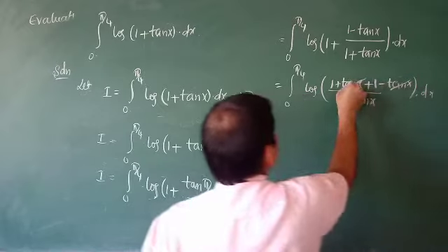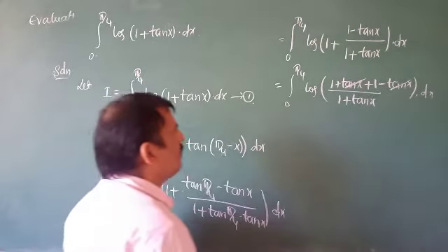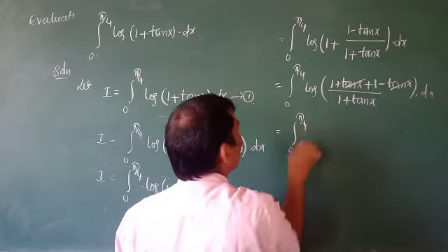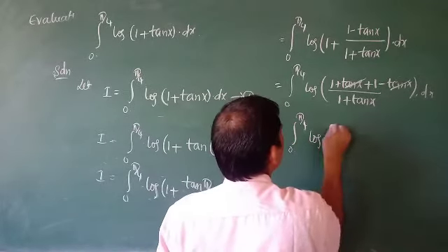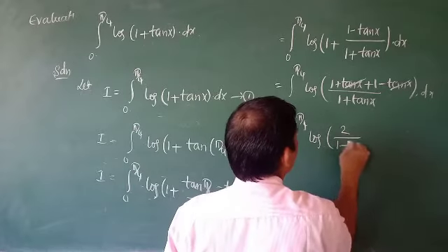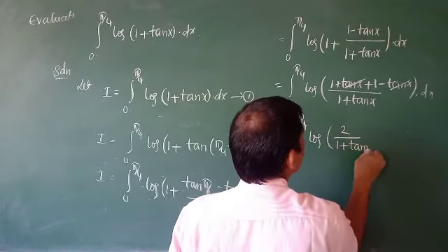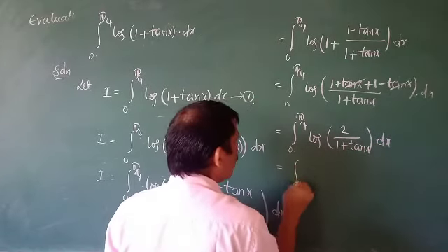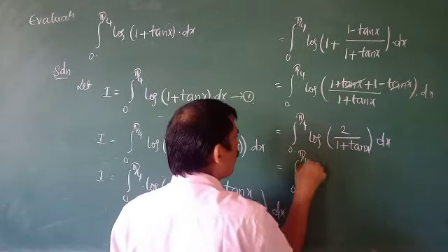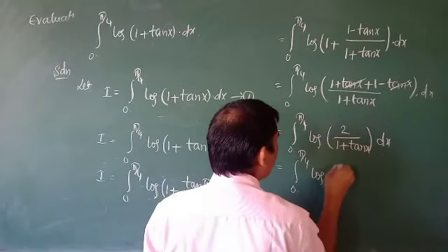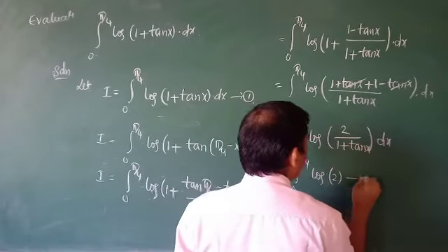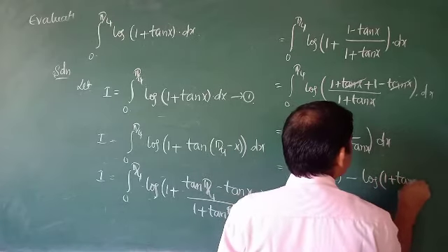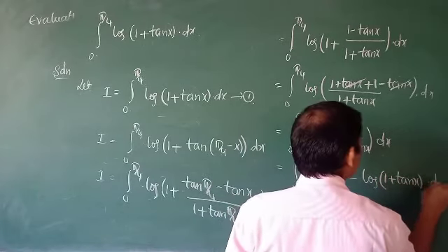The tan x gets cancelled, giving integral of 0 to pi by 4 of log of 2 divided by 1 plus tan x. Using log of m by n equals log m minus log n, it is integral of 0 to pi by 4 of log 2 minus log of 1 plus tan x with respect to x.